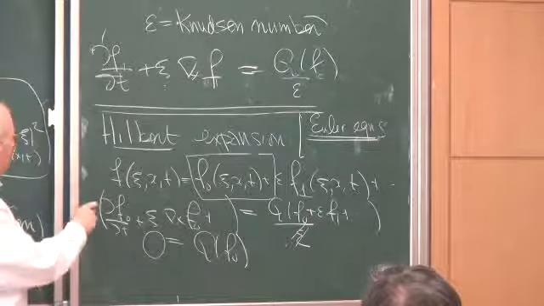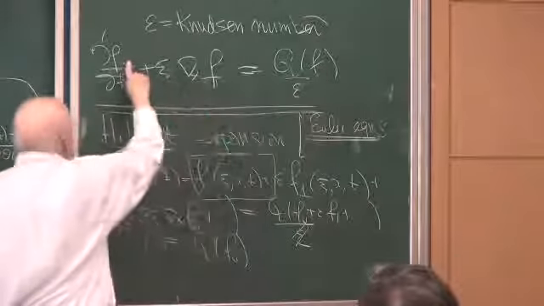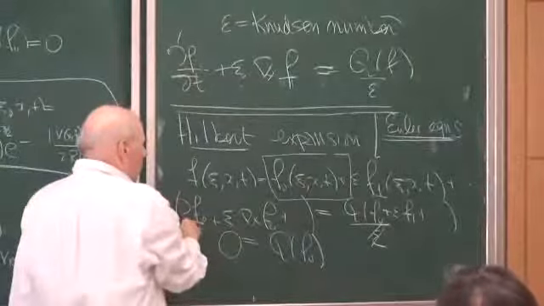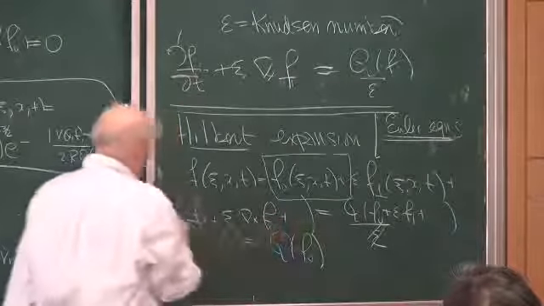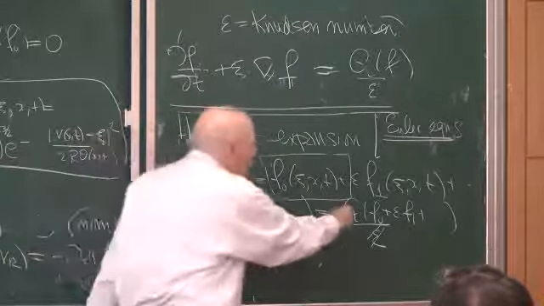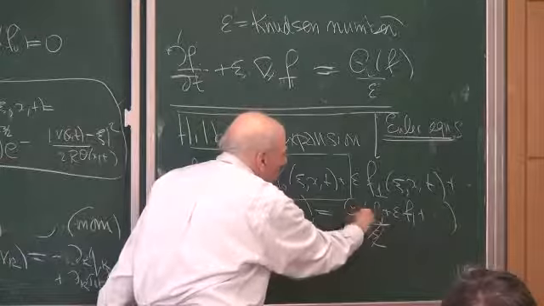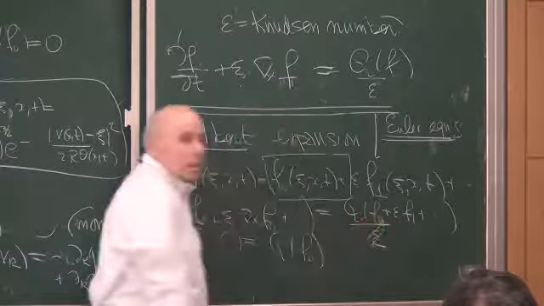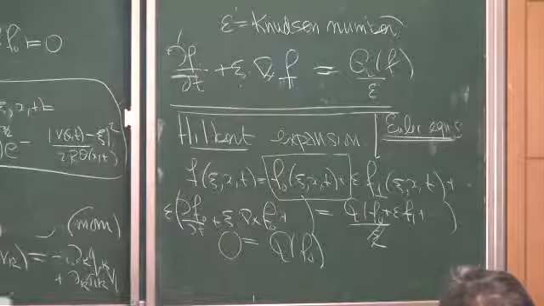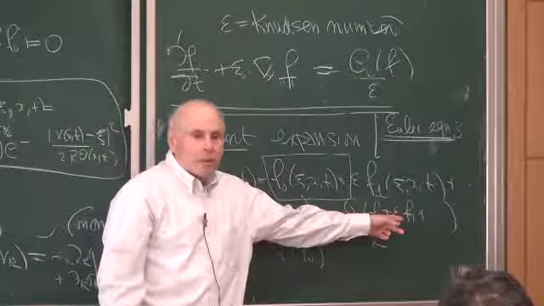I had it right the first time. So if we plug in, what's the order epsilon term? We'll get an epsilon times the F0, and then the first term in the expansion here will be the Fréchet derivative of Q evaluated at F0 times F1. Okay. So F1 enters as an unknown with the operator Q.